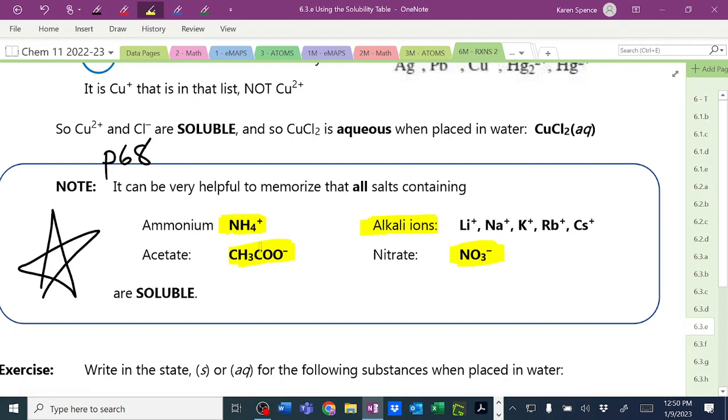Now, do you have to memorize it? No, because you have the blue sheet, but sometimes it's really nice not to have to think about it. You can look and be like, copper nitrate, oh, it's soluble because it's a nitrate. It makes predicting products of double replacement reactions and finding their state really fast if you know these ones. So memorize if you wish to. Don't have to memorize because it's on the sheet.